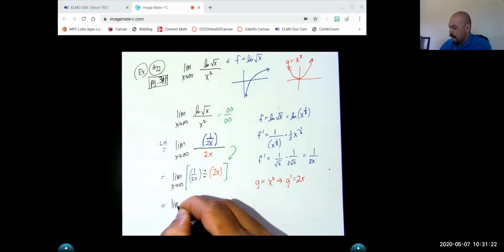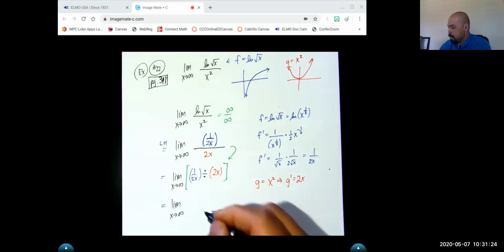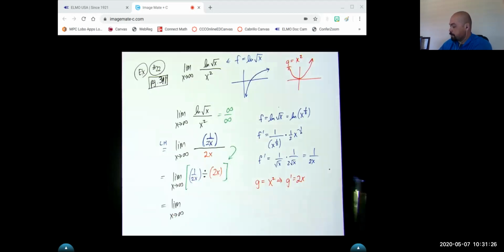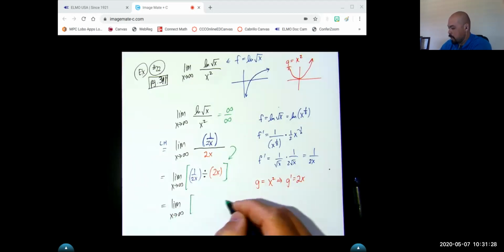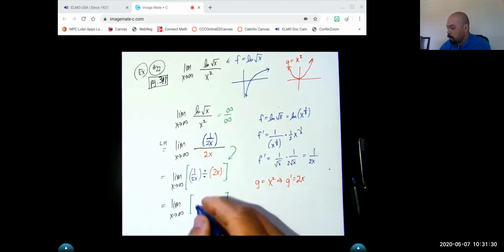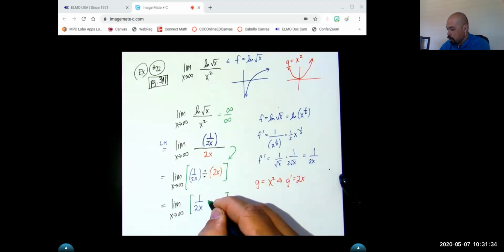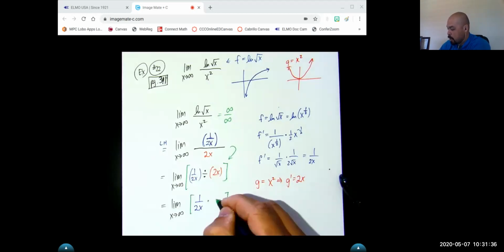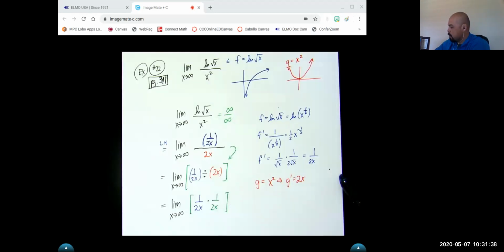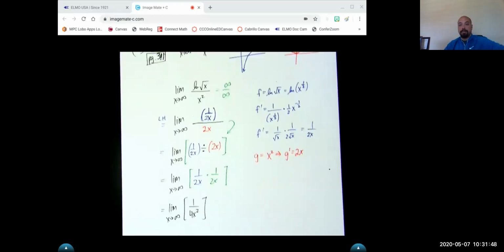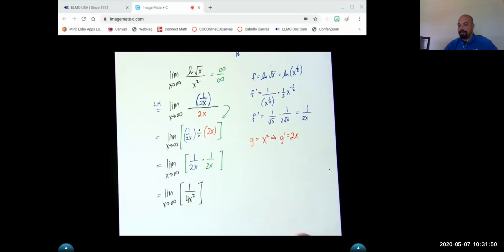Just doing our algebra here, and not to belabor it, but so that we take our time at this stage, that division turns to multiplication. We take the reciprocal like so. And so this boils down to taking the limit as x goes to infinity of 1 over 4x squared.